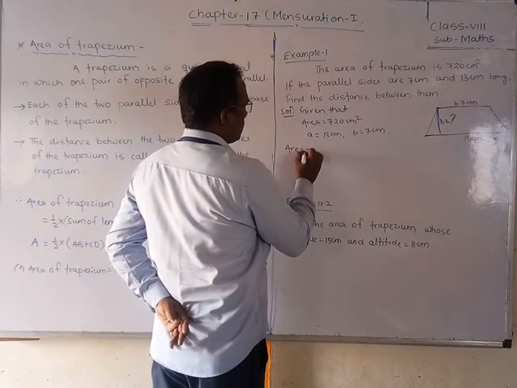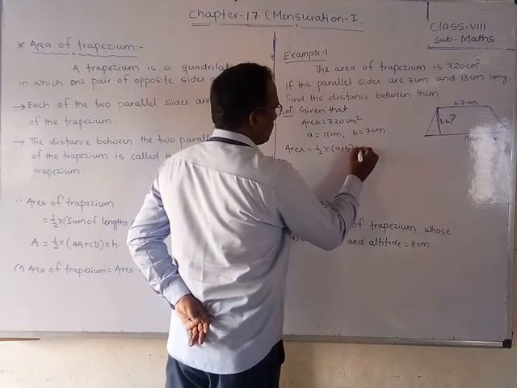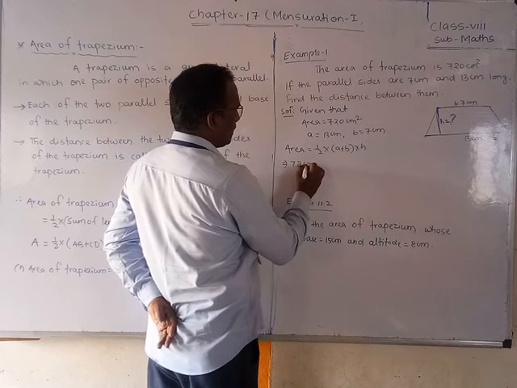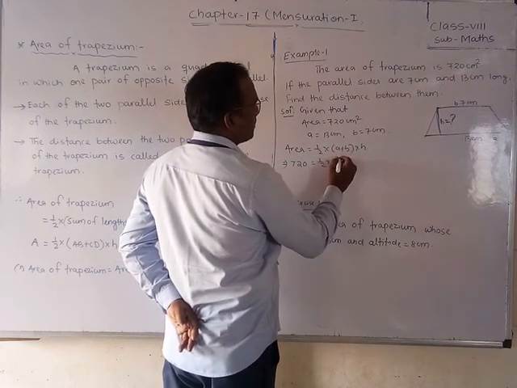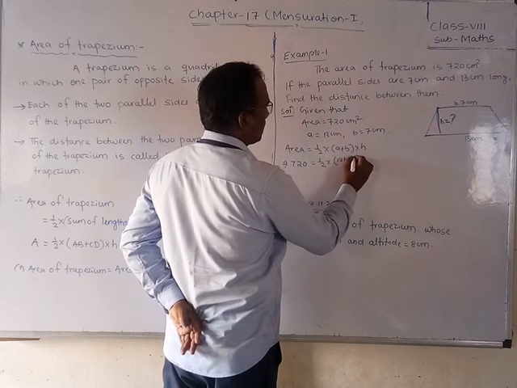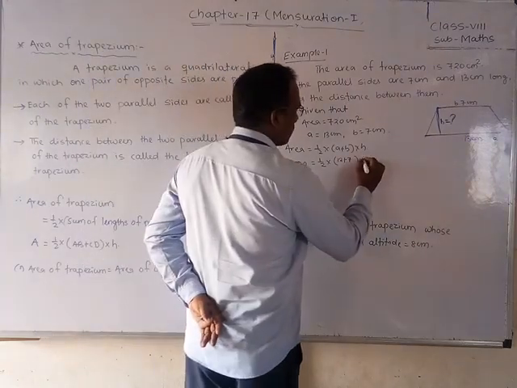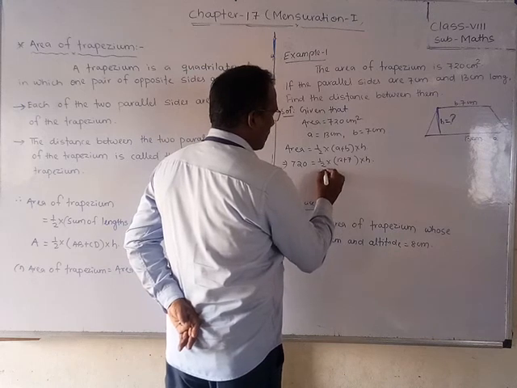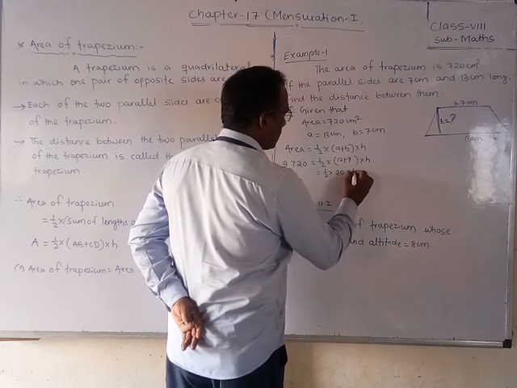Area is equal to half into (A plus B) into H. So 720 is equal to half into (A plus B), A plus B means 13 plus 7, into height, we don't know the height. Now this is equal to half into 20 into height.